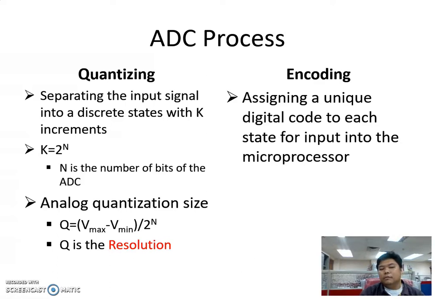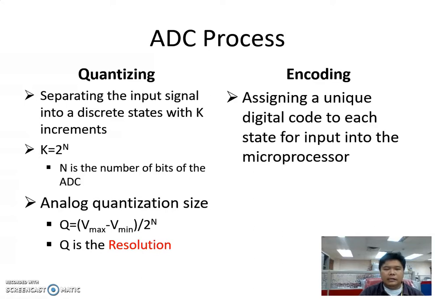Digital consists of 0 and 1. That's why we use 2 to the power of n. And then analog quantization size: the size means we want to know what resolution the bits can support.